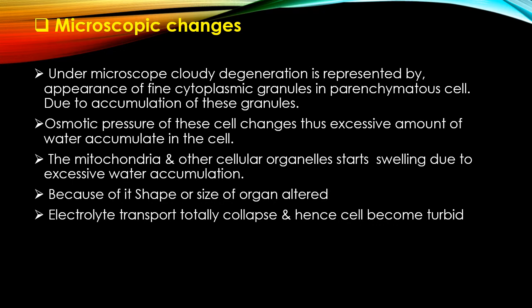Because the cell membranes are affected, and because of this the ionic transfers are affected, causing the cytoplasm to appear cloudy. Because of this the osmotic pressure of the cell changes, and an excessive amount of water accumulates in the cell, and the mitochondria and other cellular organelles start swelling.